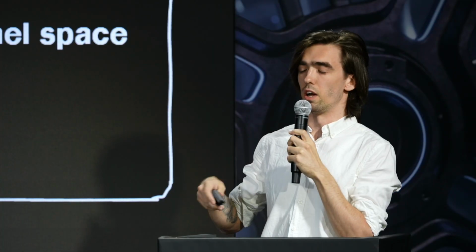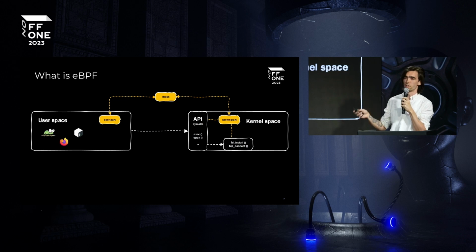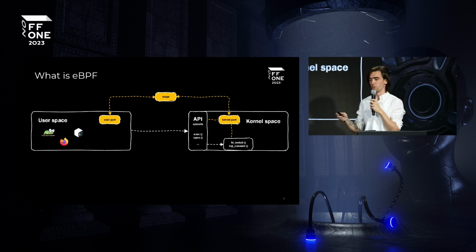Now, there are some user space programs. First and foremost, it is necessary to load them into the kernel, and we can use GUI or web apps to this effect. Different types of the programs executed in user space and kernel space exchange data with the help of maps.